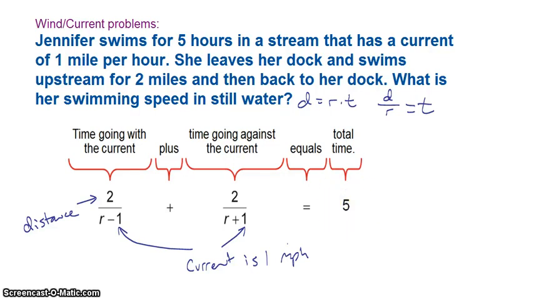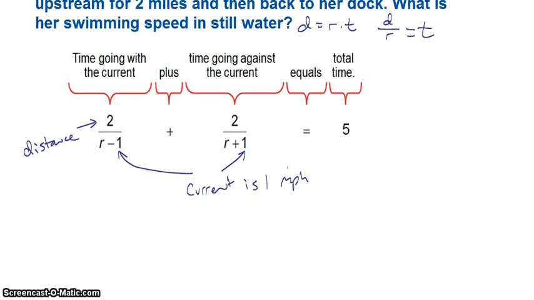So at this point, my equation looks like, to kind of condense this a little bit, so I've got an equation. I've got two pieces on one side, so this one is the type that's easier to multiply the whole thing by the LCM, or our least common denominator, which would be, well, here I've got r minus 1 and r plus 1.